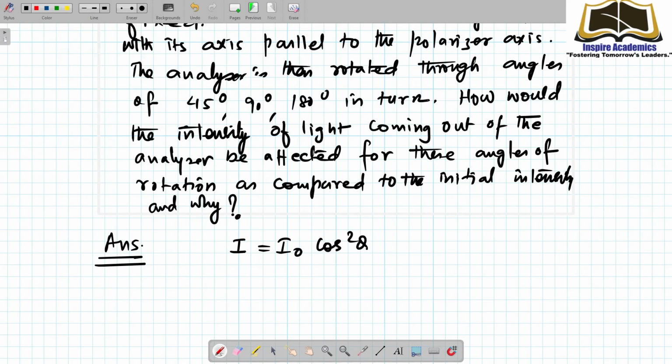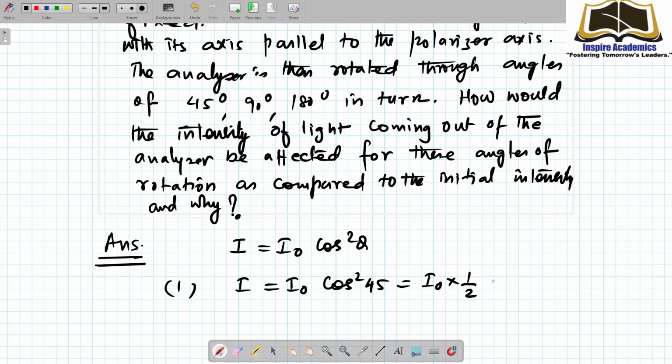So in the very first case, what is the value of theta? You tell me. Theta is 45. So in the first case, I would become I naught cos square 45, which is I naught multiplied by 1 by root 2 whole square, which will become 1 by 2.